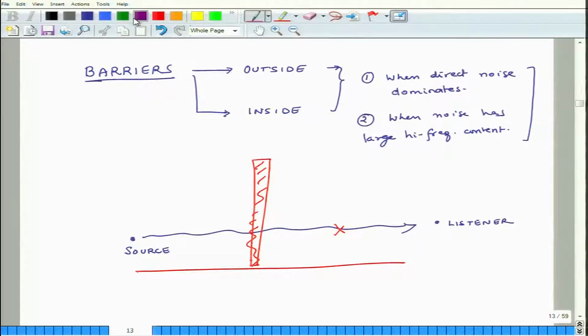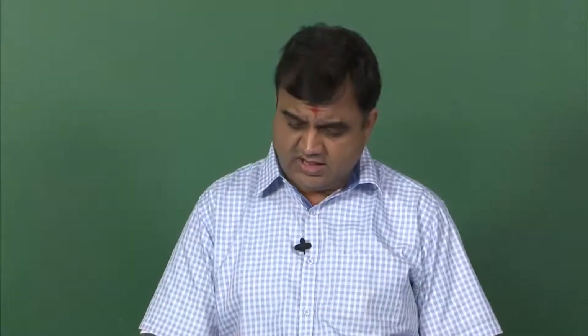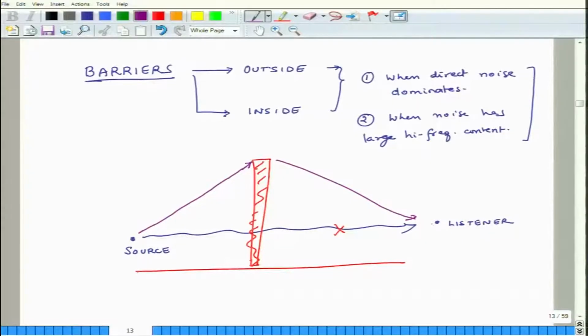One is it goes here and then from here it diffracts and comes like this. What is diffraction? It is the bending of waves as they travel around sharp corners. We have seen this in the case of light also; light diffracts, it bends around corners. So, when there is a barrier, sound waves diffract and then they reach the listener.